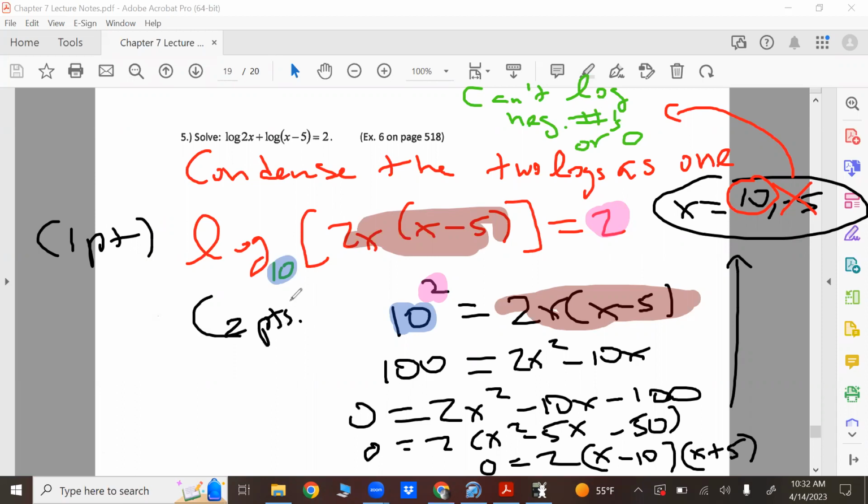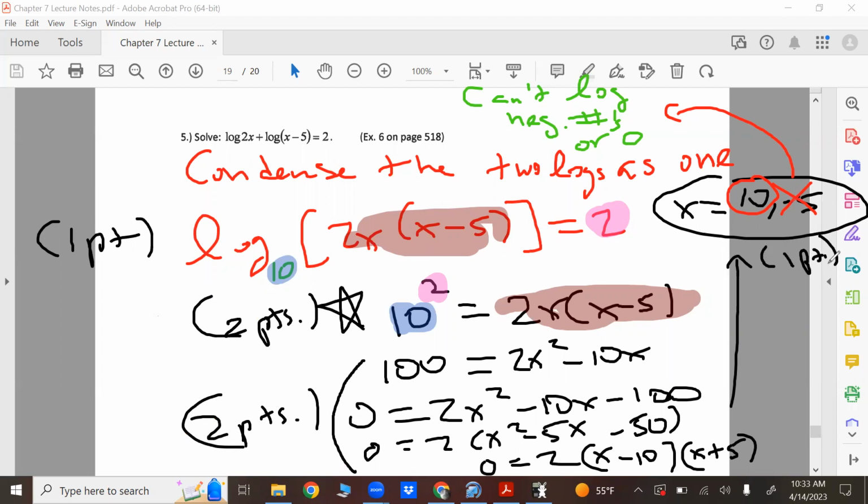That's kind of a big step because you have to know how to shift things around. And then all the algebra at this point would probably be worth another 2 points, maybe more. And then getting the final answer probably worth 1 point. So that's how I would divide up my points.